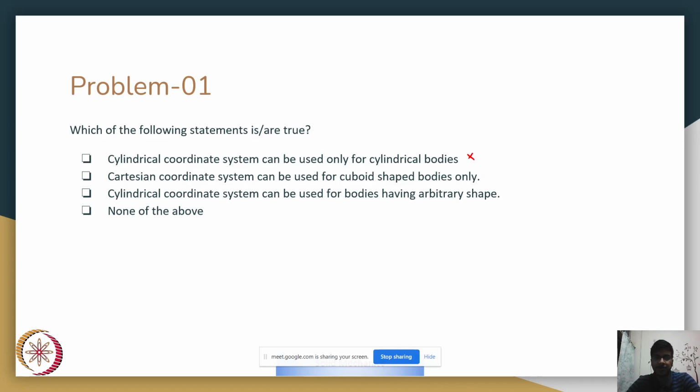It doesn't have anything to do with the body shape. We are not assuming a body shape. So in general, it can be applied to any arbitrarily shaped body. Out of the options, only the third option, that the cylindrical coordinate system can be used for bodies having arbitrary shape, is the only one which is true.